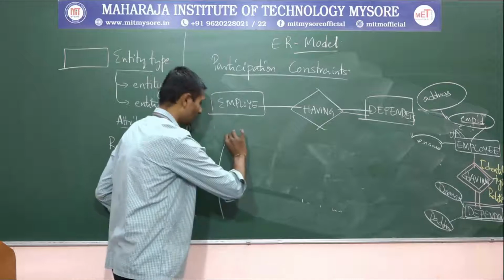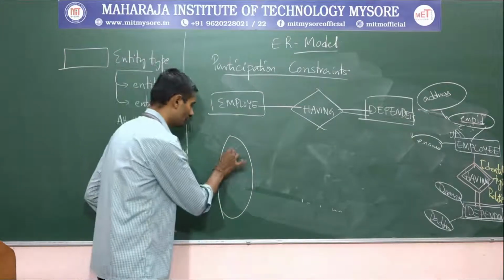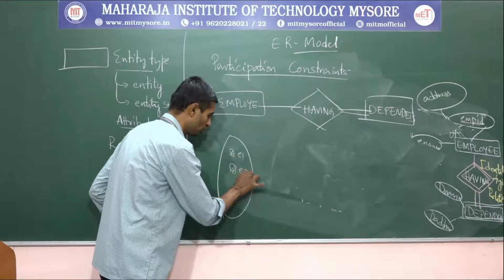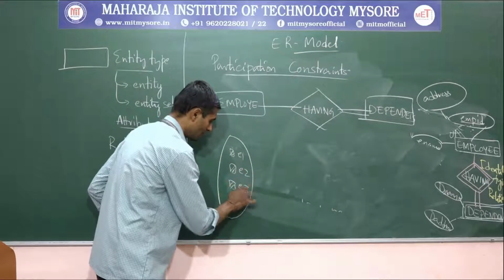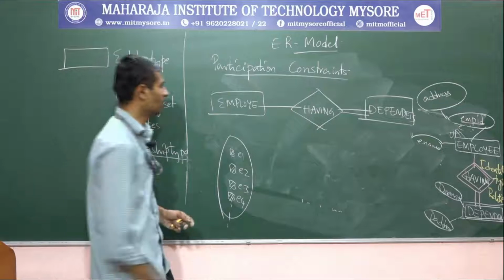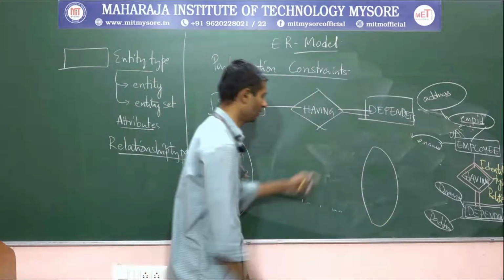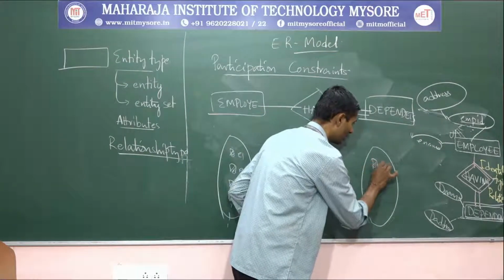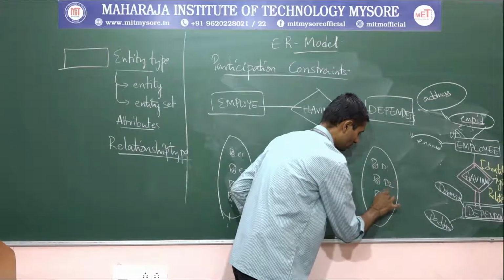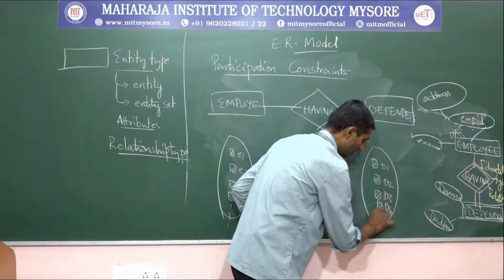Employee is an entity type that can be represented with one employee set. Let's assume we have many instances: employees E1, E2, E3, E4 and so on, and a dependent set here, which I will call D1, D2, D3, D4 and so on.